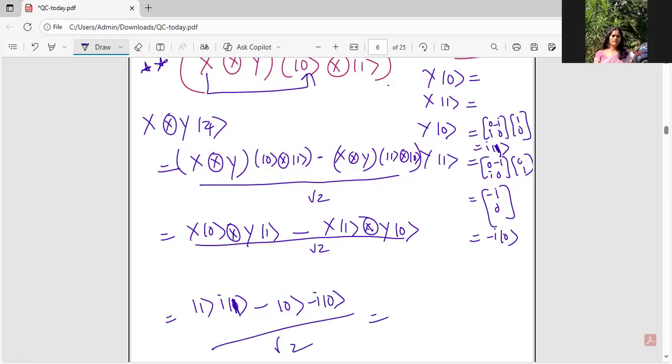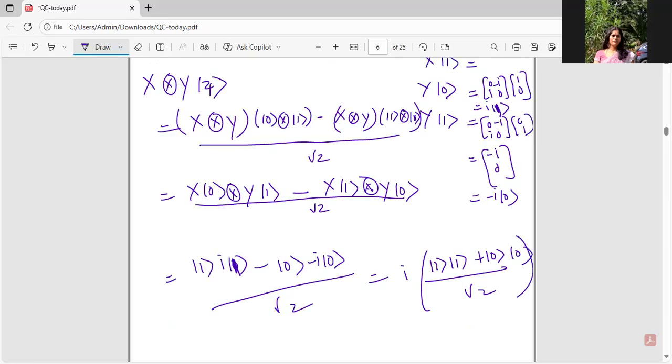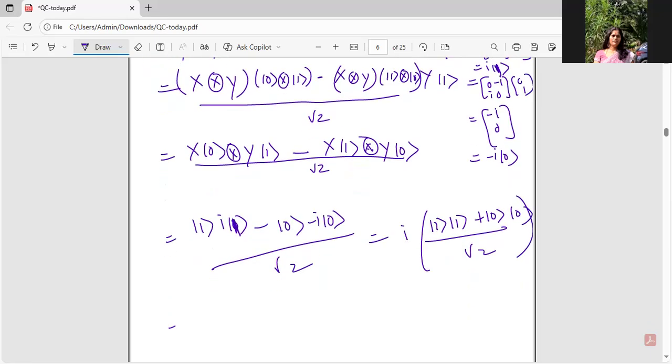I'll take i common first. What I have is ket 1 tensor product ket 1 minus ket 0 tensor product ket 0, guys. Minus into minus here becomes plus, under root. Otherwise, I can tell you how to write the answer. i by root 2, leave it out.